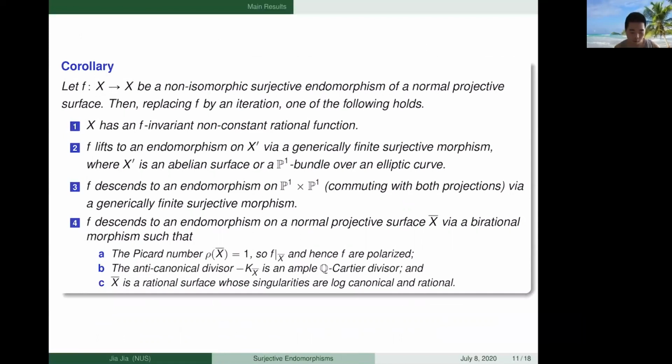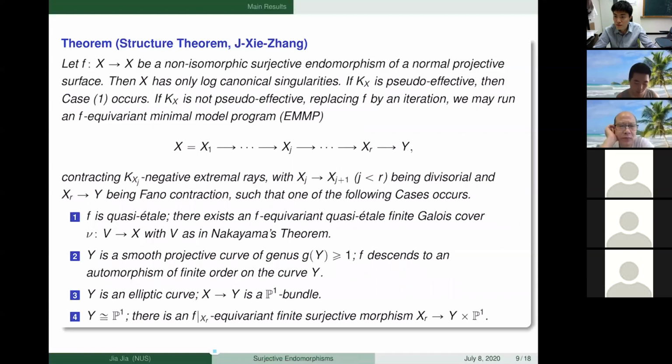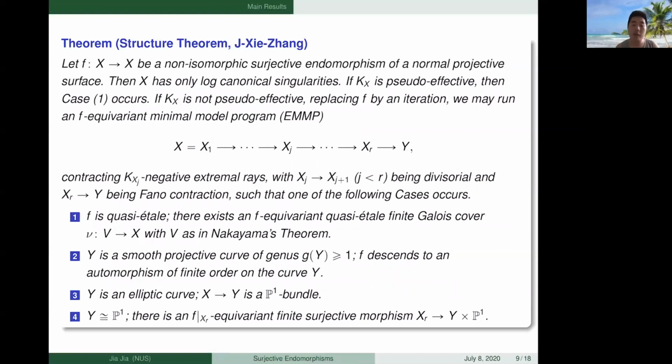The first is that X has an F-invariant non-constant rational function. This may come from case 1, and clearly case 2 implies X has a non-constant F-invariant rational function.